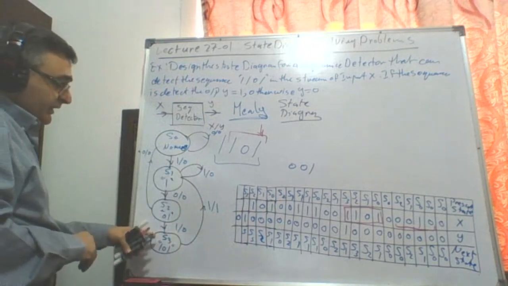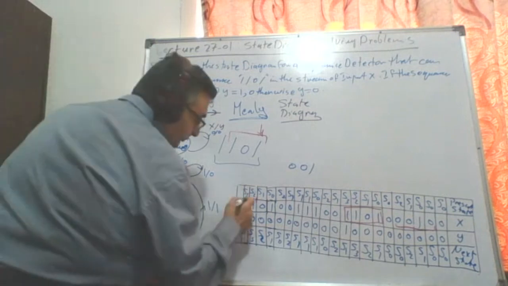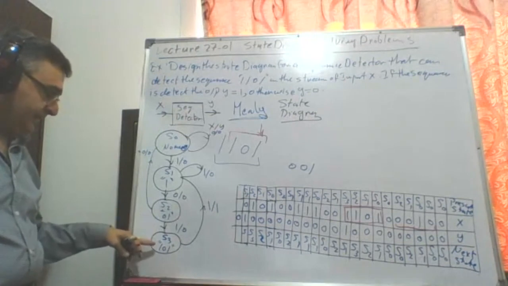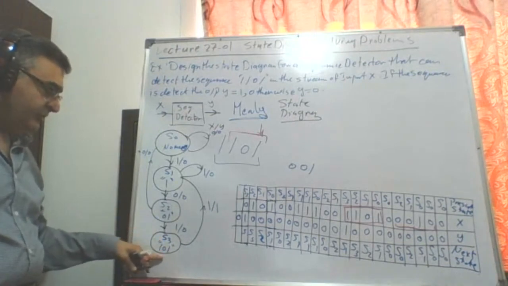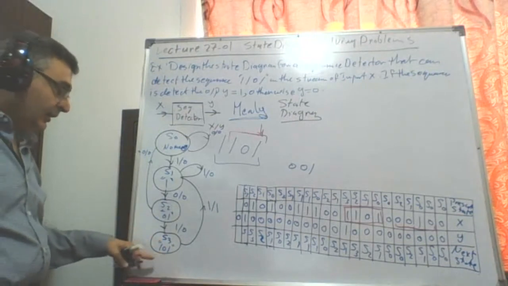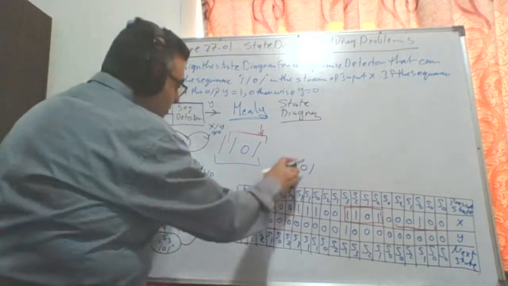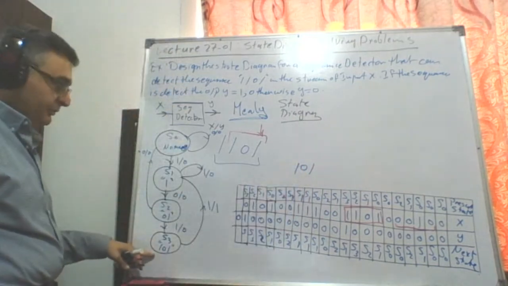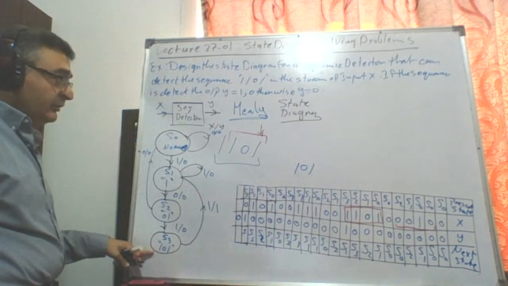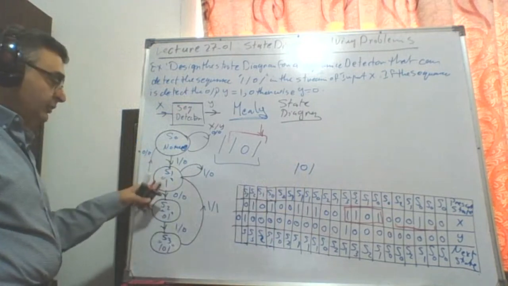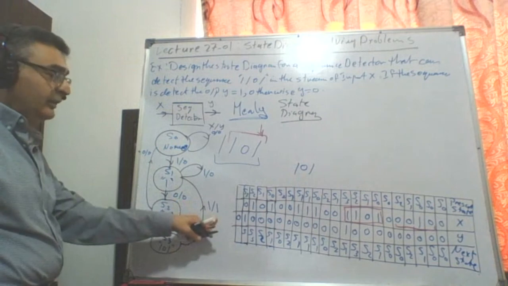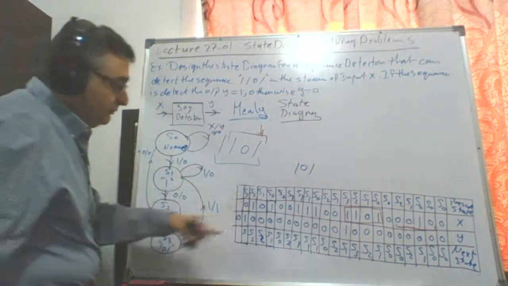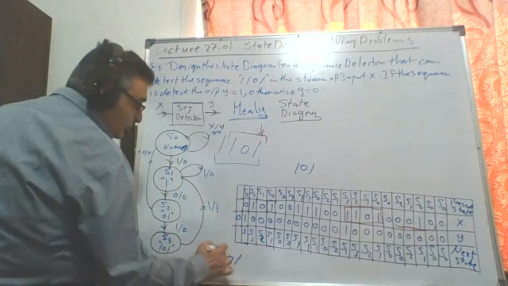What about S3 and 0? S3 means I am in 101. If I received 1, I will go to S1 and will get the output 1. But if I am in S3 and I received a 0, that means I received 1010.